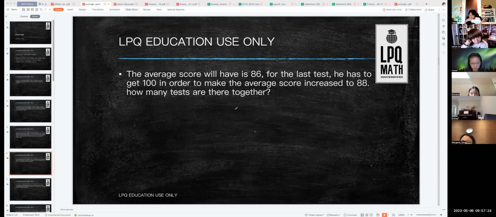So basically I did 100 minus 86 is 14, and 14 divided by 88 minus 86, which is 2, is 7. Very good. Understood, everybody? Okay, so this is another way of doing that. Everybody, you have your own way, but just pick the one which is the easiest. Do you understand, Jason? Do you understand things here?